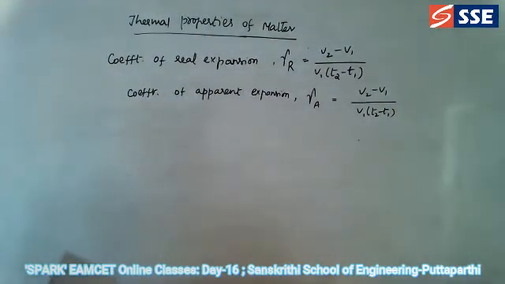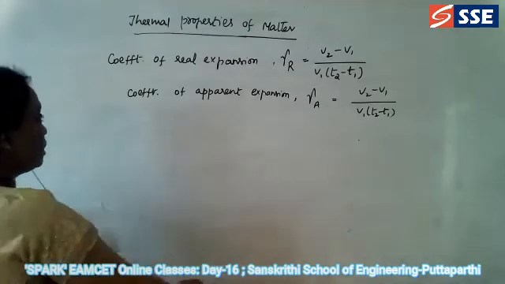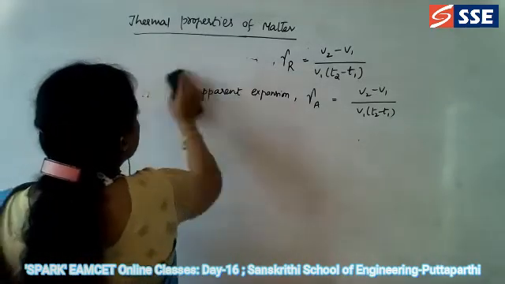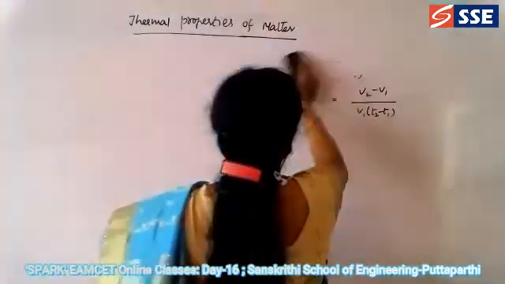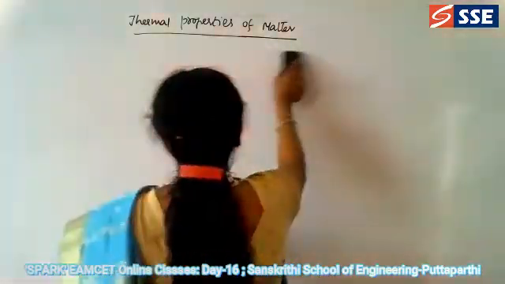Like this, we have to take the formulas under thermal properties of matter. Next we will move to the first problem. These are the simplest formulae we are going to use.